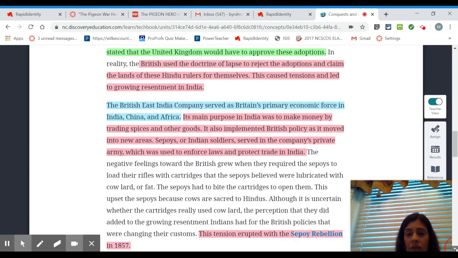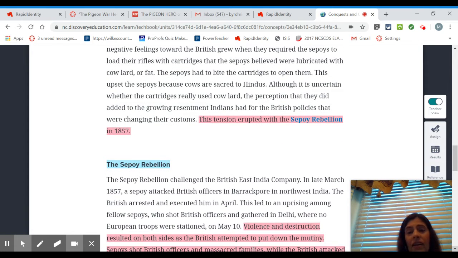And so, among other things, the tension over this particular issue erupted into what came to be known as the Sepoy Rebellion. Now, remember, let's make this clear. You got to understand the sepoys were Indians who were British trained soldiers that were defending these outposts along the Indian coastline.